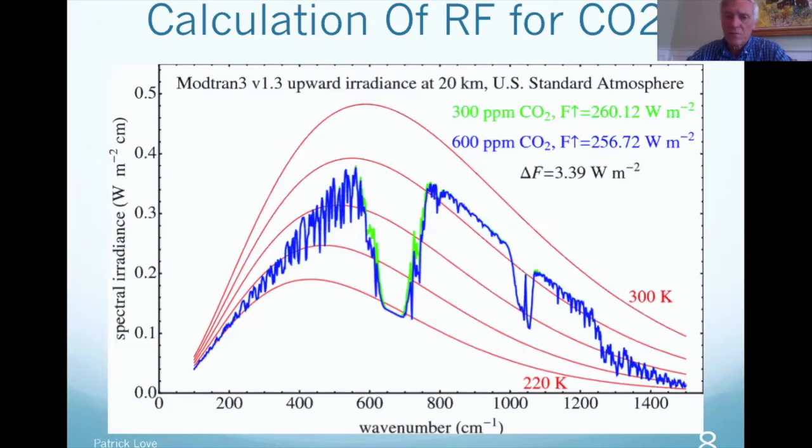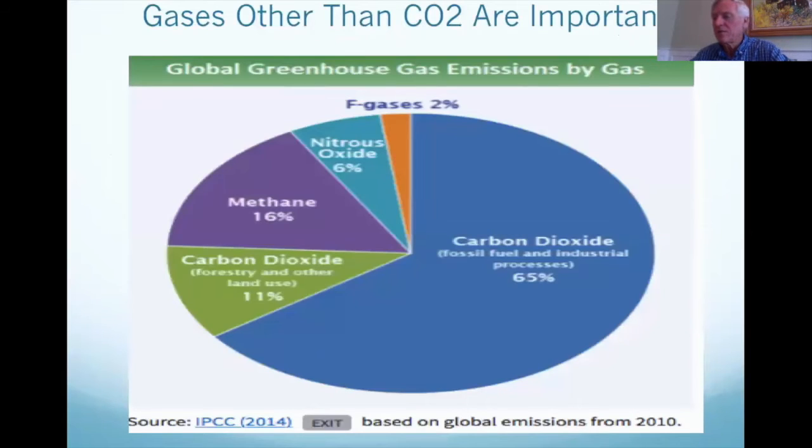Okay, now, clearly what we've shown here is other gases are important other than CO2. Even though CO2 represents 65 or 70%, I'm sorry, more like 75% of the emissions in the atmosphere.